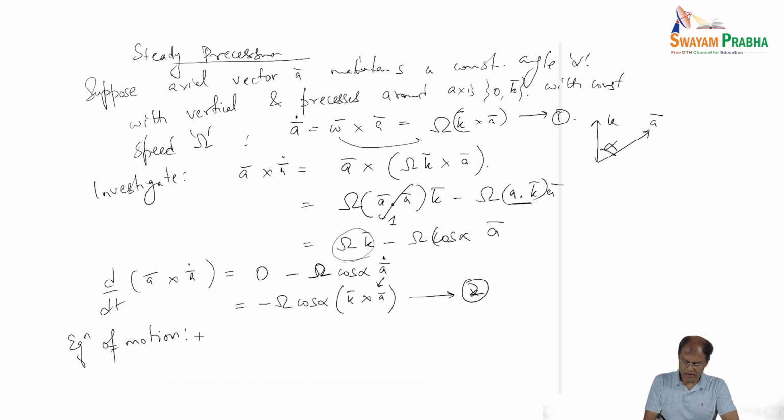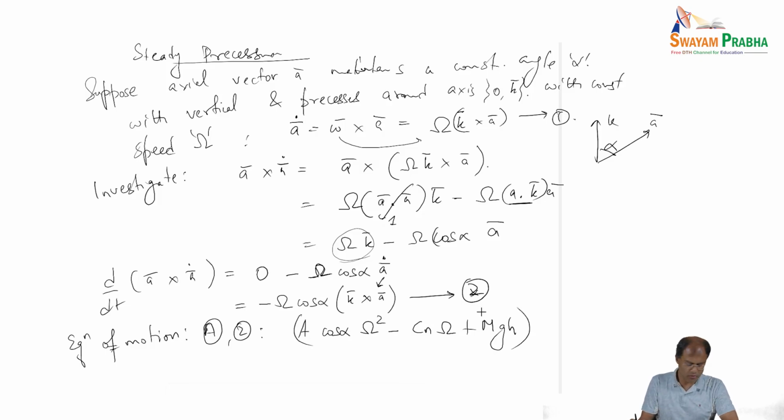So now using A and 2, we see that the equation of motion is A cos alpha omega squared minus Cn omega plus mgh, times A cross K, is equal to 0, right? So this is the case for a steady precession, when we have the top making a constant angle with respect to its moving axis.